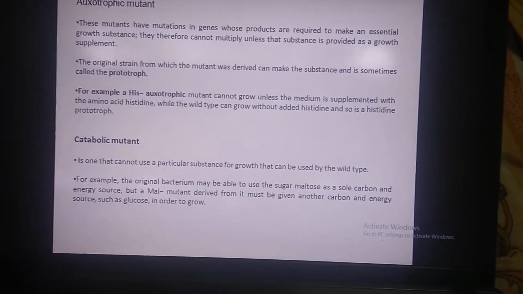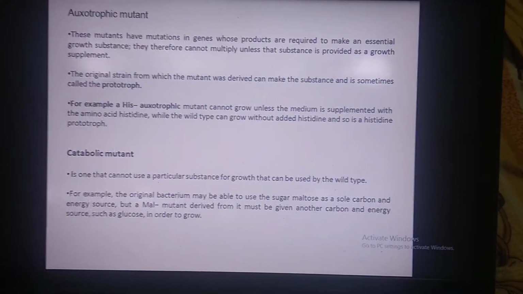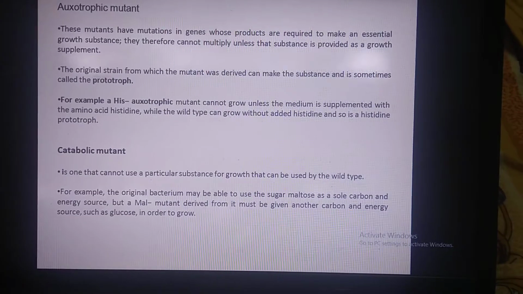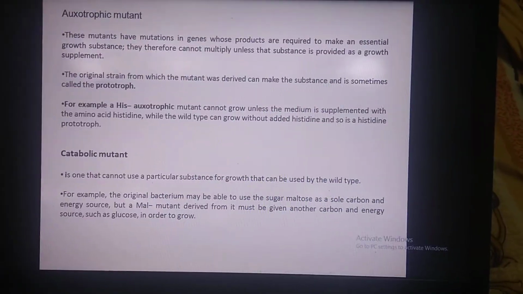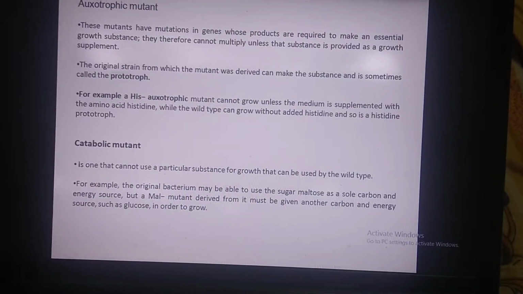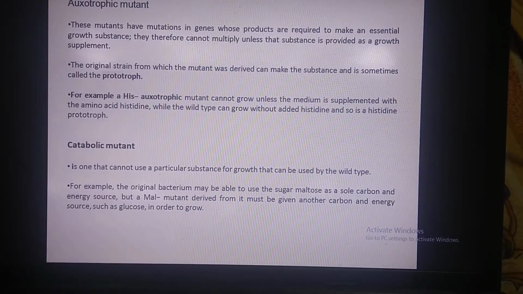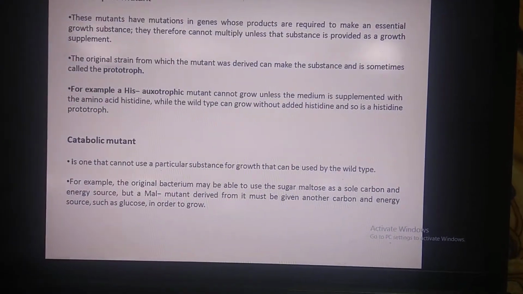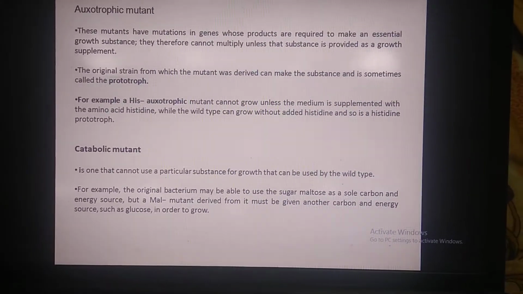If you provide maltose in your growth medium, it can utilize it as a carbon source. But the catabolic mutant of this bacterium has some mutation in the maltose catabolizing gene, so that it cannot utilize maltose as its substrate. So this mal minus mutant is a type of catabolic mutant.